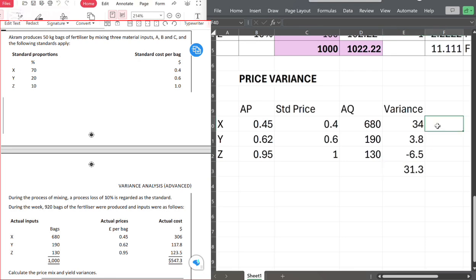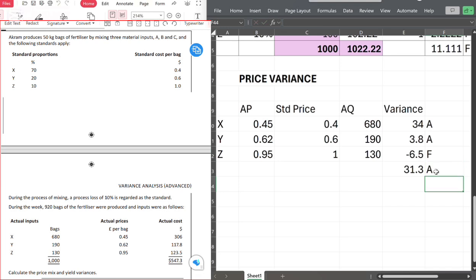For X, we paid more than we were meant to pay, so that is adverse. For Y, the same thing, that's adverse. But for Z, we actually paid less than we should have paid, and that is favorable. So that means we have about 37.8 adverse versus 6 favorable, and this has to be adverse.